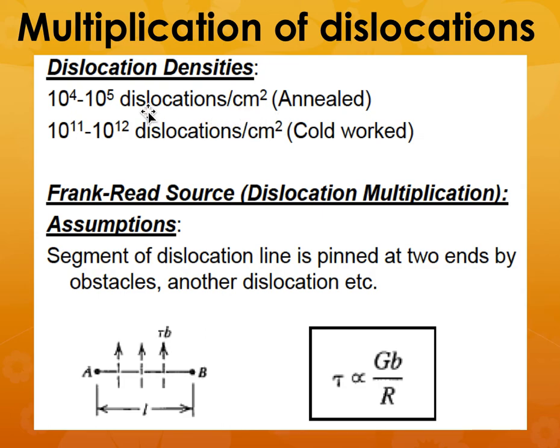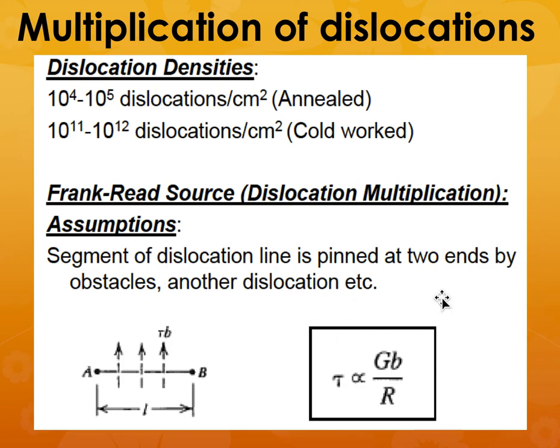That is approximately 10 to the power 4 to 10 to the power 5 dislocations per centimeter squared. But if you cold work the material, the density goes from 10 to the power 4 up to 10 to the power 11 to 10 to the power 12 dislocations per centimeter squared. So you have so many dislocations that have been introduced into the material.